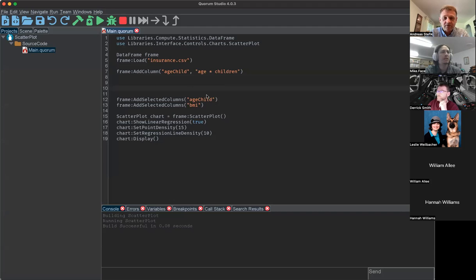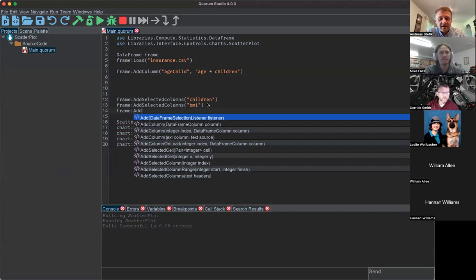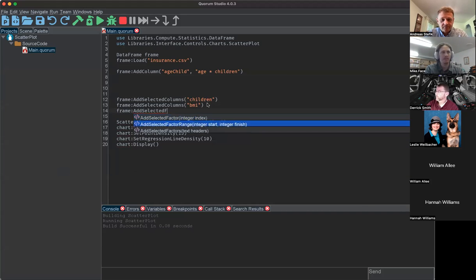So what I want to do, let's go BMI in children again, instead of age child's, which is amazing, but perhaps not the most meaningful thing in the world. And what we're going to do is, instead of saying add selected columns, we're going to say frame, add selected factors.